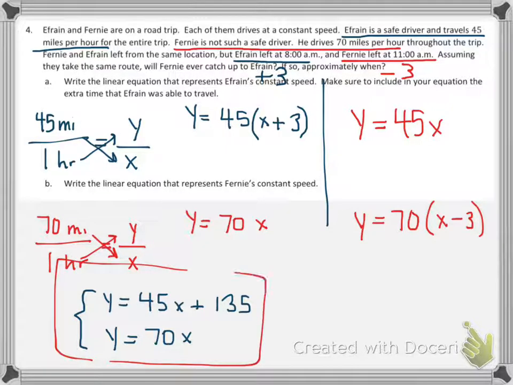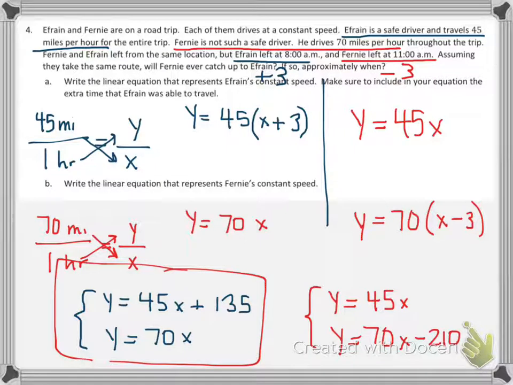This is one system of equations. Or it could also be this. We could say y equals 45x. That's the equation for Efren. And this would be y equals 70x, and then 70 times the negative 3 would be a negative 210. So those would also be a system of equations that we could use to solve this problem.